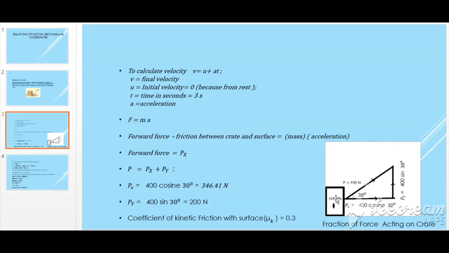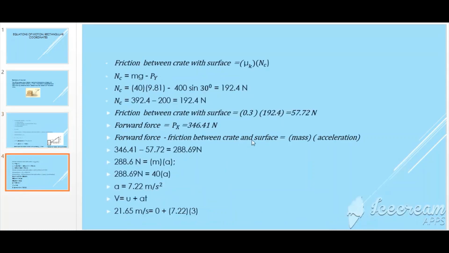So the force acting downward is about 192.4 Newton. So the actual normal force is 192.4 Newton, acting downward.